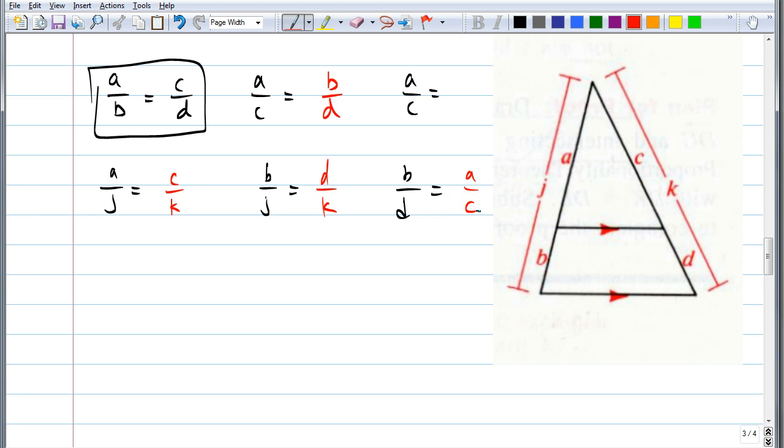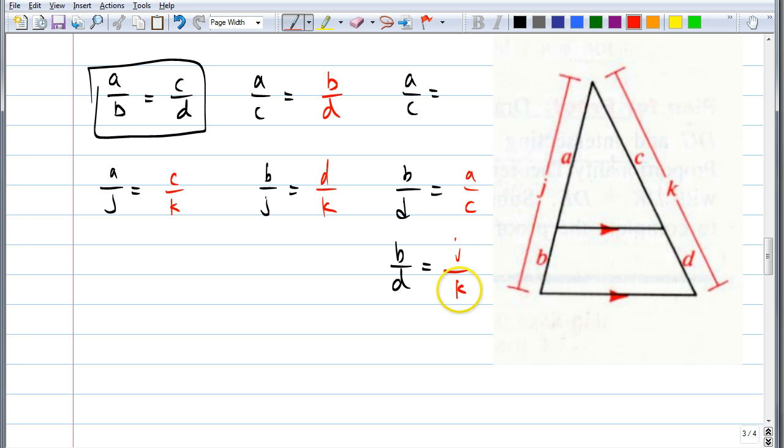Okay. Actually, B to D, we could do another one. B to D as to J over... is it K over J or J over K?